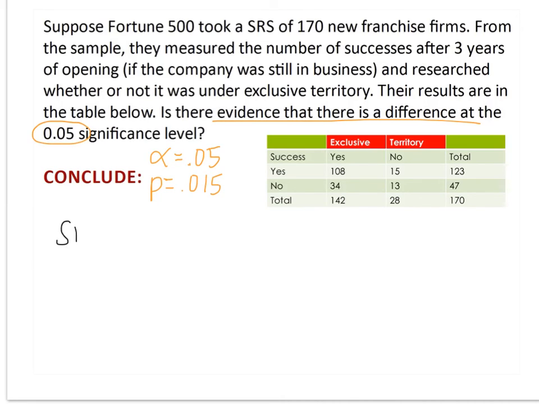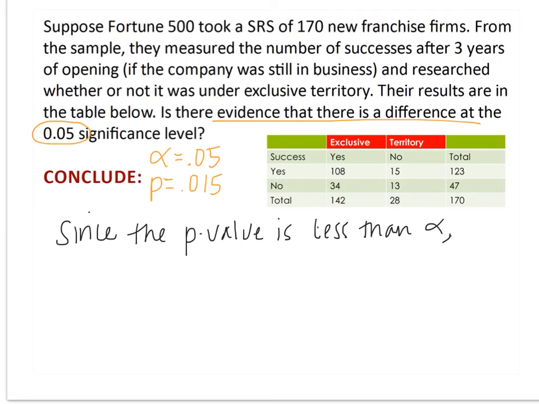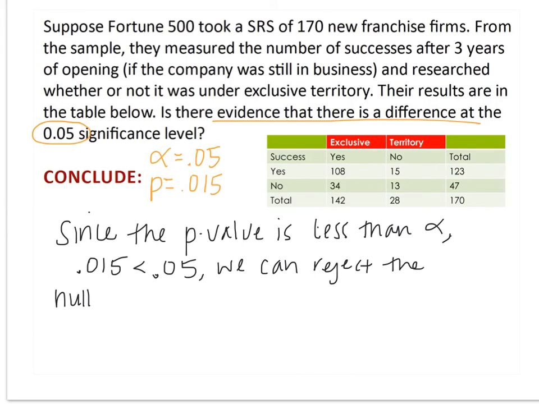So, since the p-value is less than alpha, and we can say 0.015 is less than 0.05, we can reject the null hypothesis.